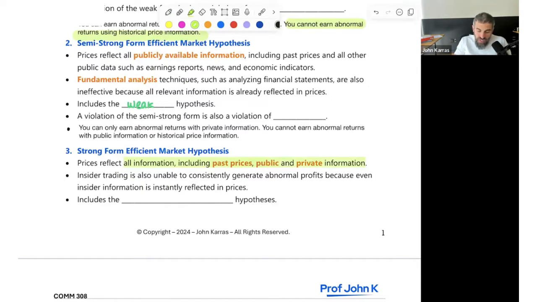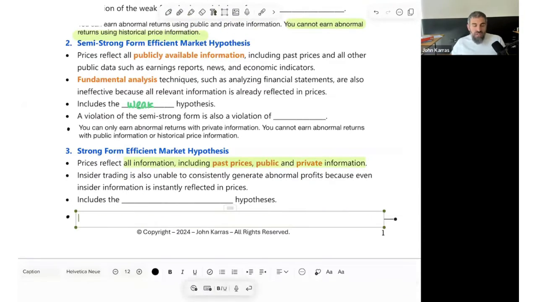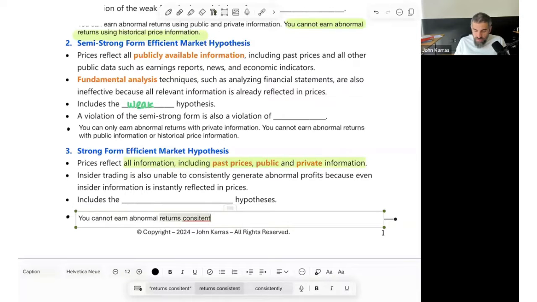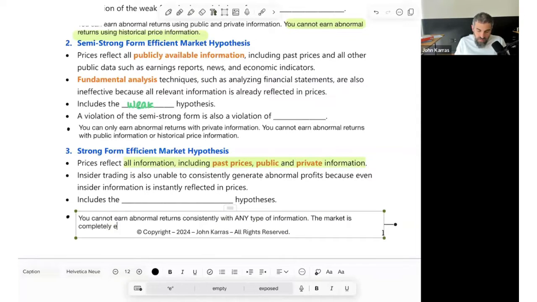So people who believe in this level think you cannot, no matter what, consistently beat the market. Okay. You cannot earn abnormal returns consistently with any type of information. Market is completely efficient, basically. That's what they believe in.